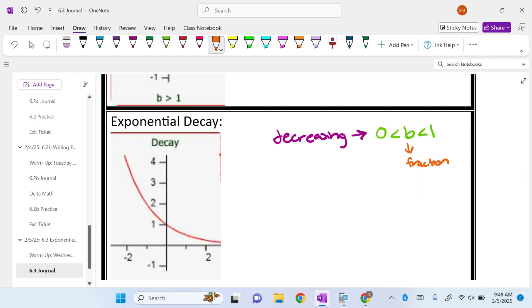Now, the formula that we deal with for exponential decay, just to restate it again, is f of t is equal to a times 1 minus r raised to the power of t. So again, if we have y equals a times b to the x, what's replacing my b value in the formula for exponential decay?